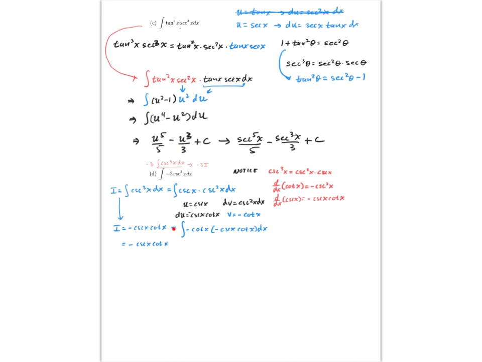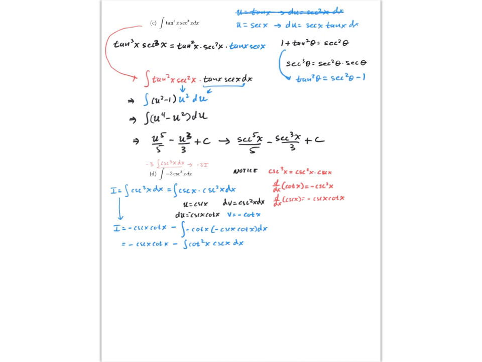Here you have minus and minus is plus, times minus is minus, so this is minus the integral of cotangent squared x times cosecant x dx.